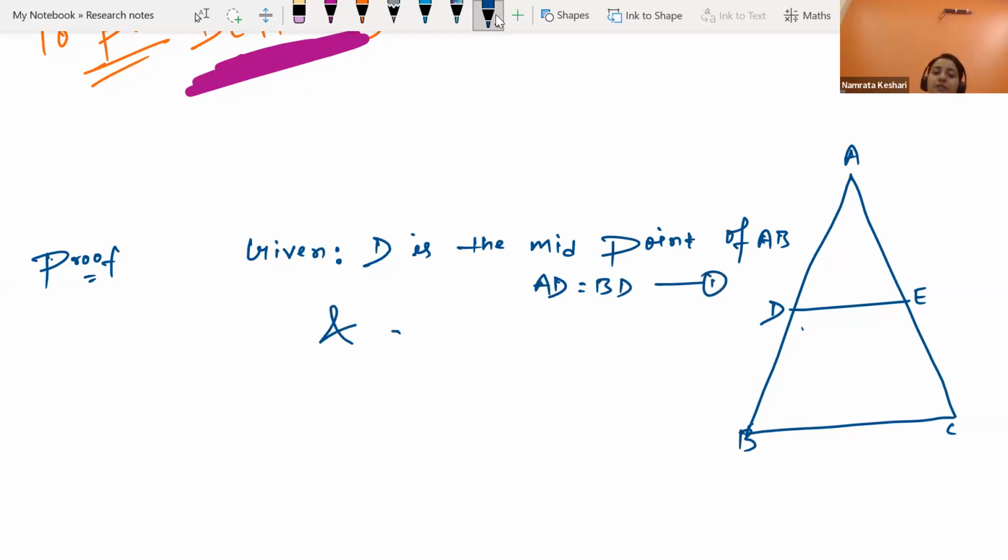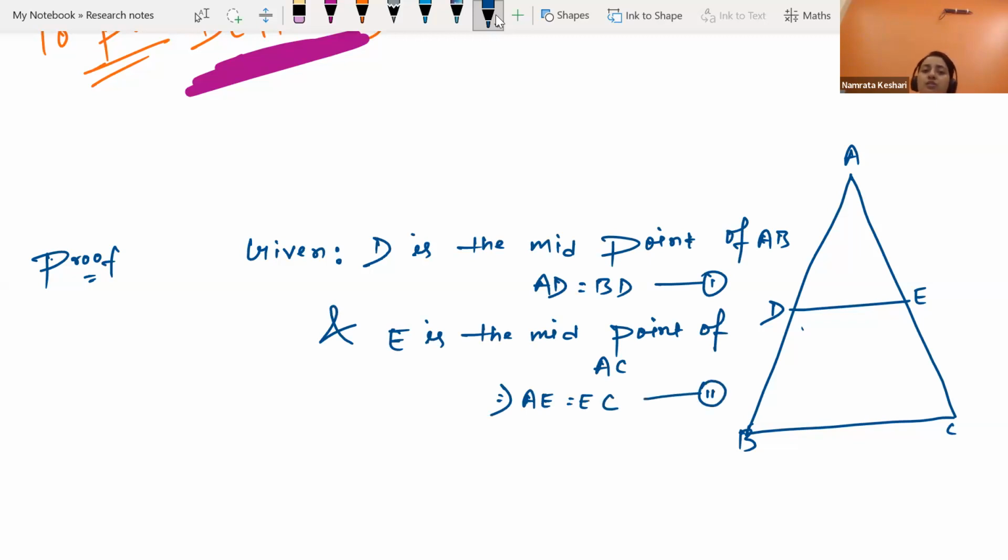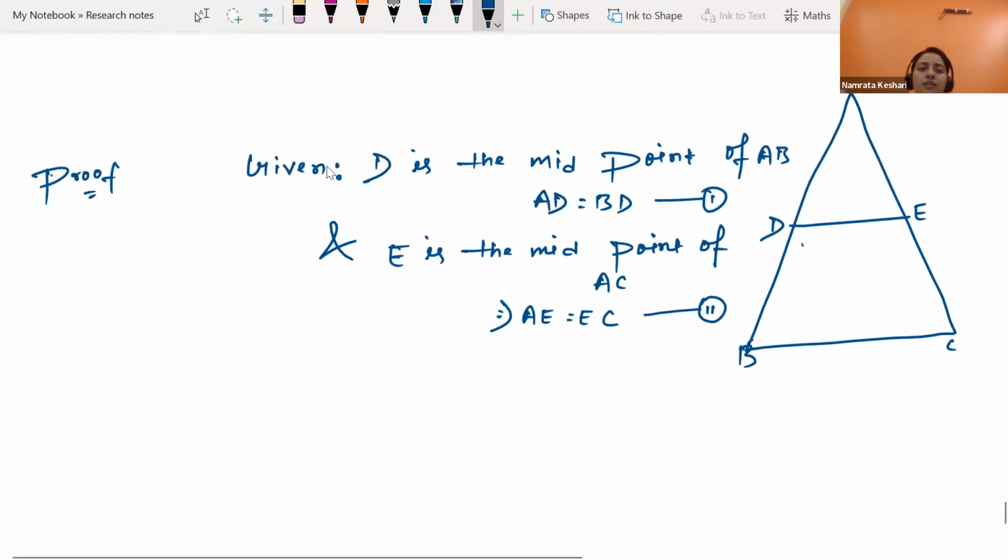And E is the midpoint of AC, then we can write AE is equal to EC. Two equations we have created. Let's see, we'll be using them also.